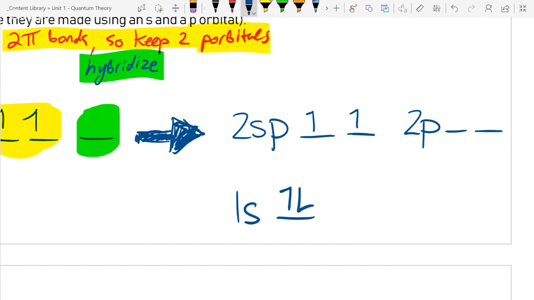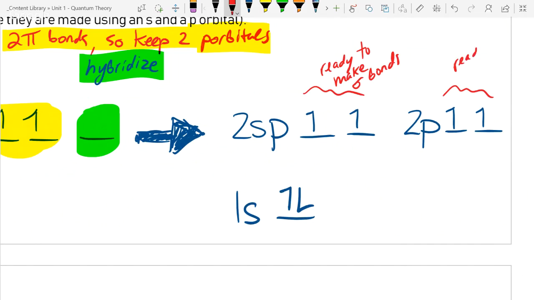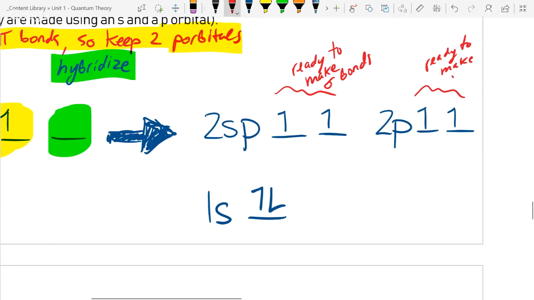We have 2 of the 2p orbitals left, and they still have 1 electron in each. And now these are ready to make what? Very good. That's exactly right. And these are ready to make what? Very good.